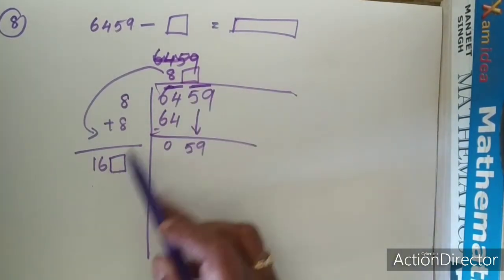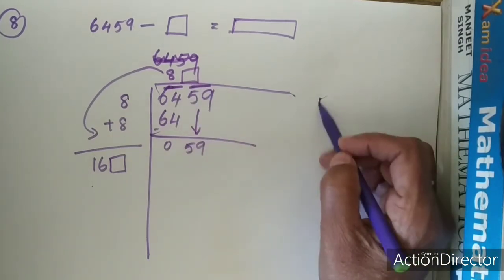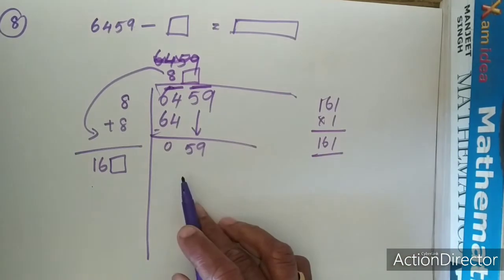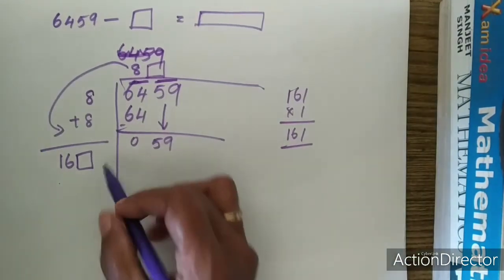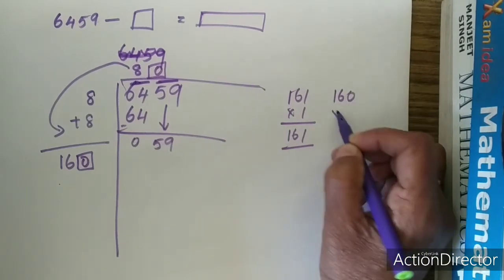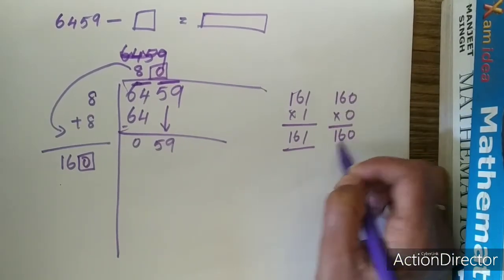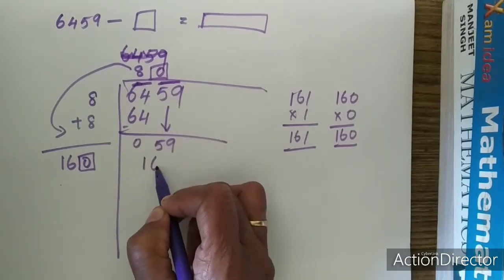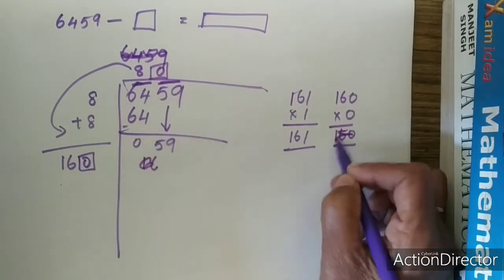Suppose if I take 1 over here, 161 into 1 is 161, which is more than this number. So I have to try with 0. 160 into 0 is 0.